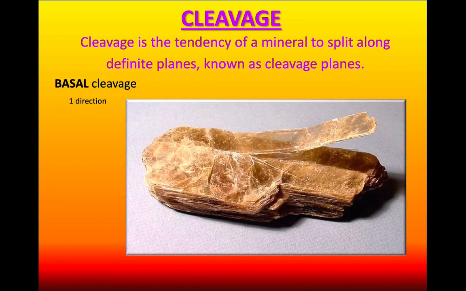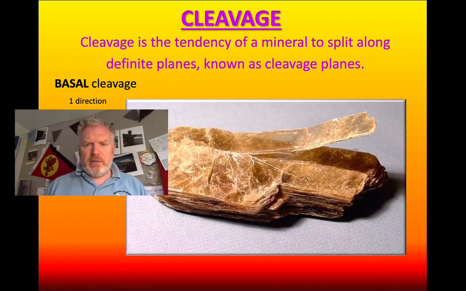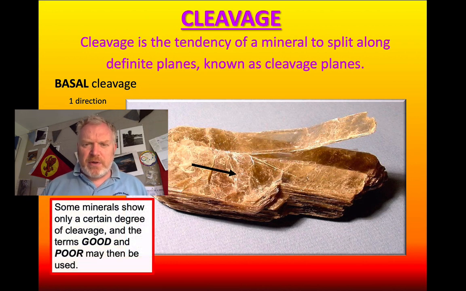This is where there's one parallel plane of weakness running through the mineral, so the mineral will always split into these parallel sheets. Now, these cleavage planes, these surfaces that break, can be described as being good if they're really flat and really regular, or poor if they're a bit rough and not completely flat. You will see these descriptions in your mineral data sheet.